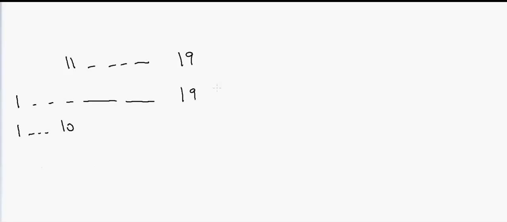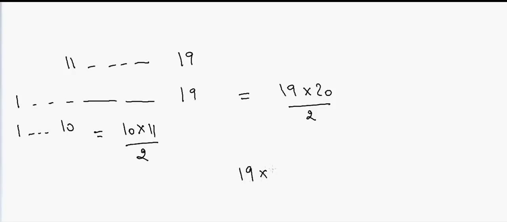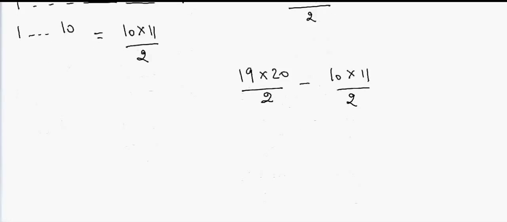So 1 to 19 will be equal to 19 into 20 divided by 2, and 1 to 10 will be equal to 10 into 11 divided by 2. So if I subtract both, that will be equal to 19 into 20 divided by 2 minus 10 into 11 divided by 2. So that's how I can do the addition in a sequence which does not start from 1.